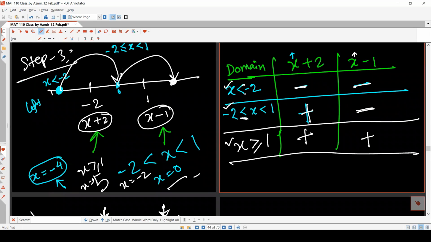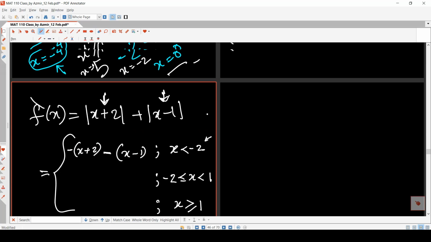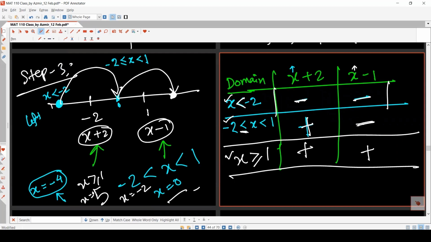For x less than minus 2, both x plus 2 and x minus 1 will be minus: minus of (x plus 2) minus of (x minus 1). We are removing the absolute value signs, but when we remove them, we have to give a sign. Is it plus or minus? This table is guiding us that it will be minus and minus.